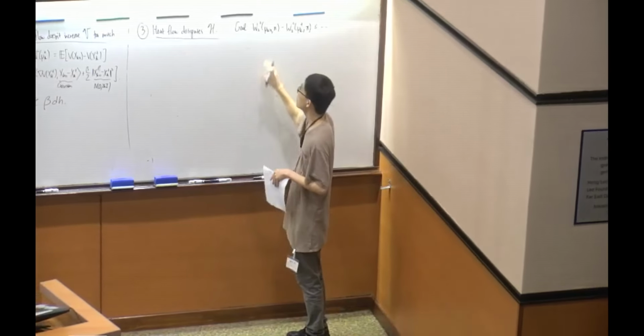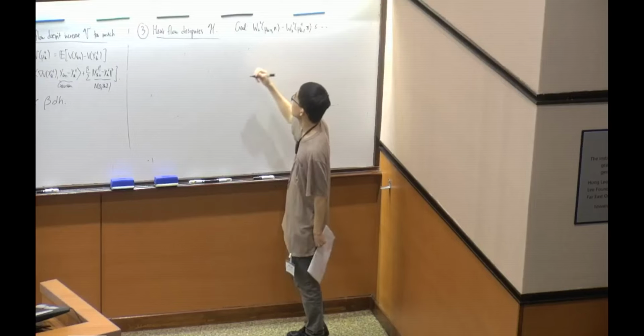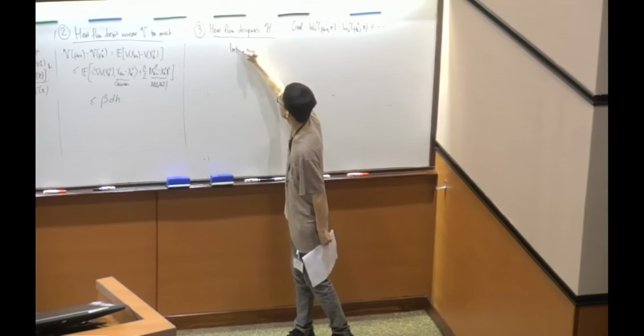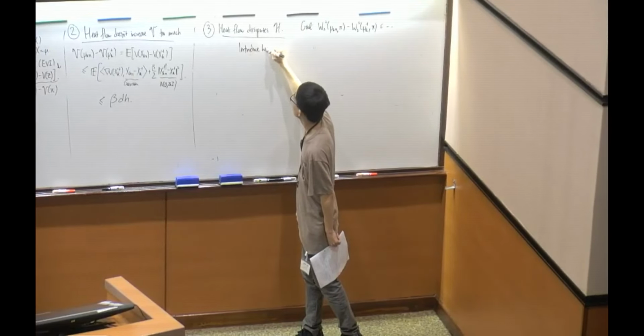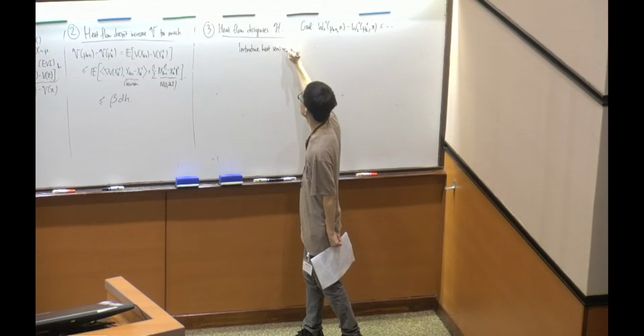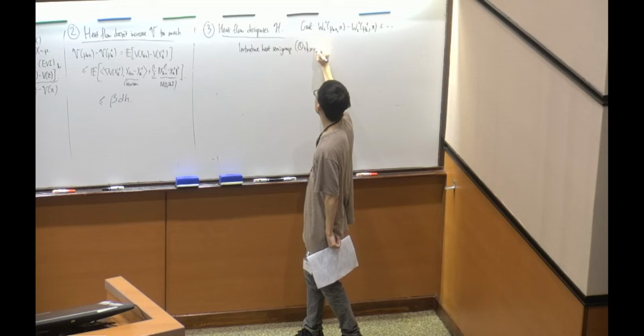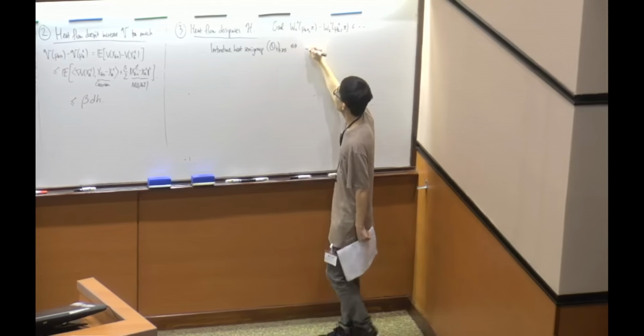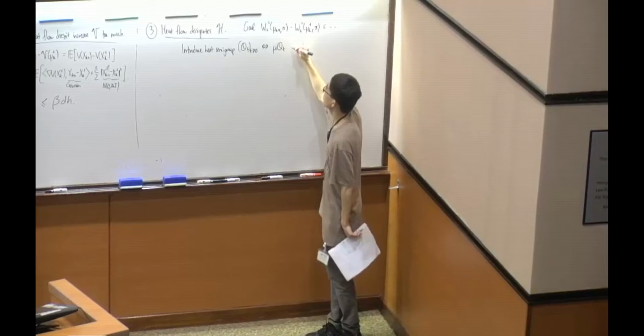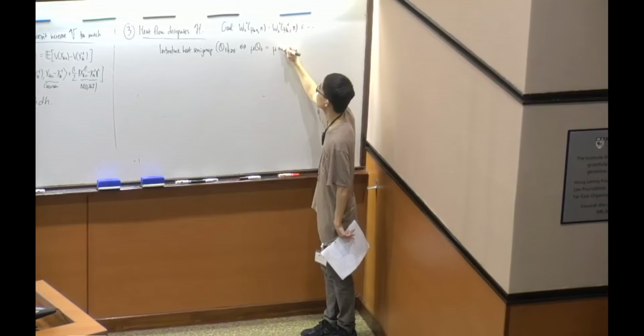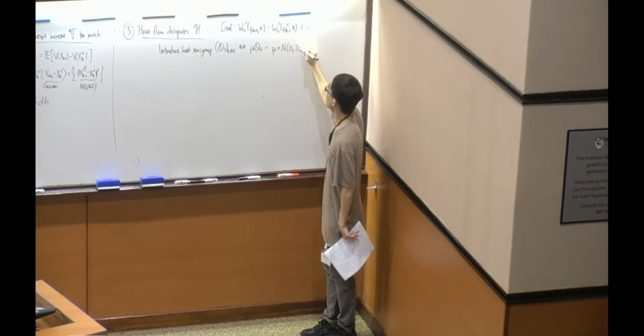In order to do that, I'm going to introduce the heat semigroup. This is just convenient notationally. So what is the heat semigroup? If I apply this to a measure mu, this is the same thing as mu convolved with the Gaussian of variance 2t.